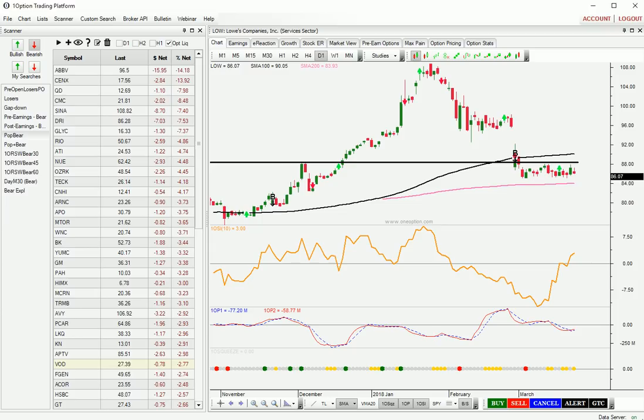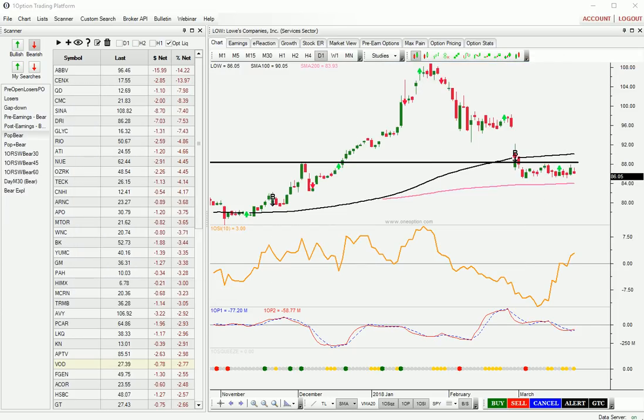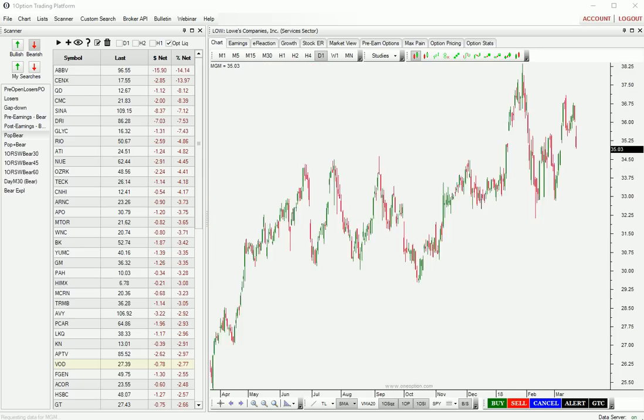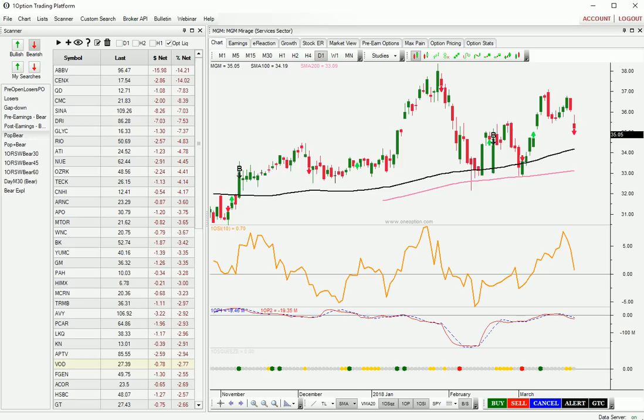Take a look at the market. Still drifting lower. So let's take a look at some more candidates on this, and then I'll refresh the search. No, I wouldn't touch that. I want to see something that's compressing nicely right now.